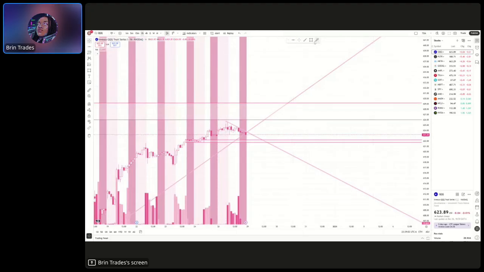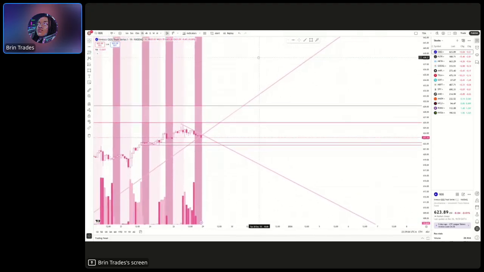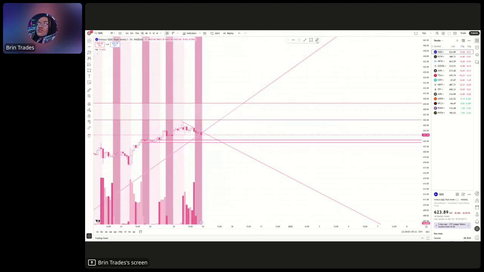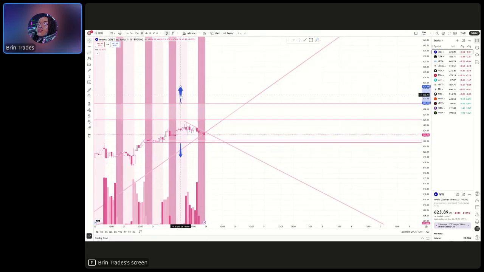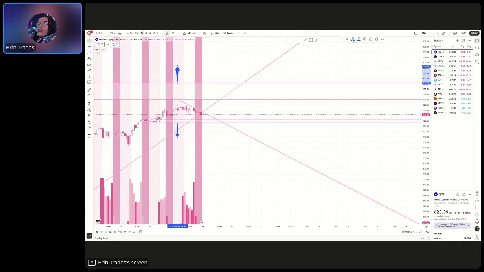So what I'm going to do now is mark the areas of calls or puts. So I have calls above here, puts below here. Put it in the proper direction. And we're also going to have this pink.